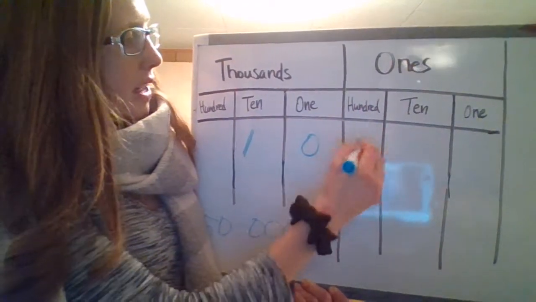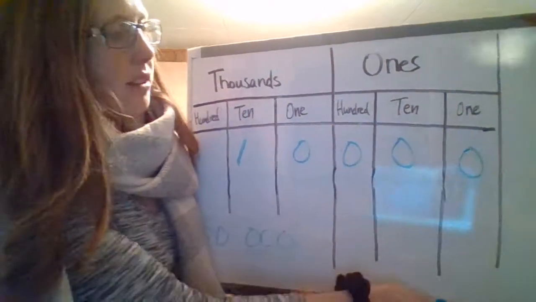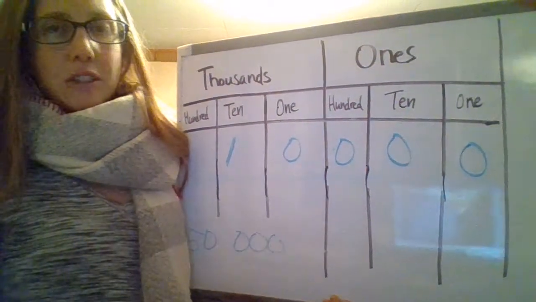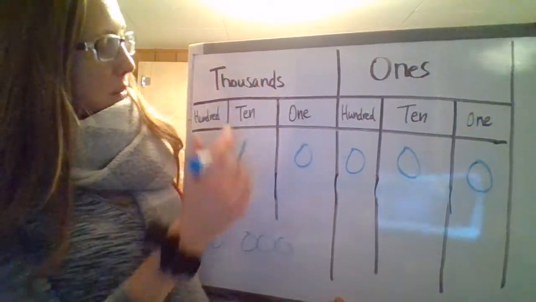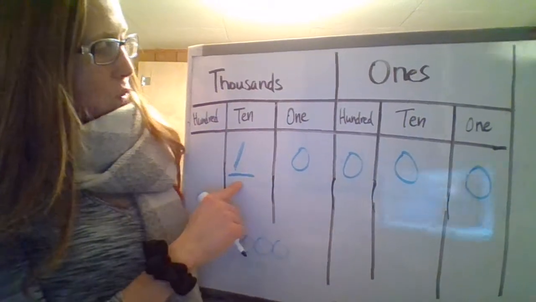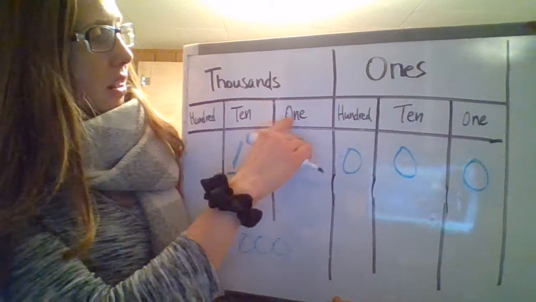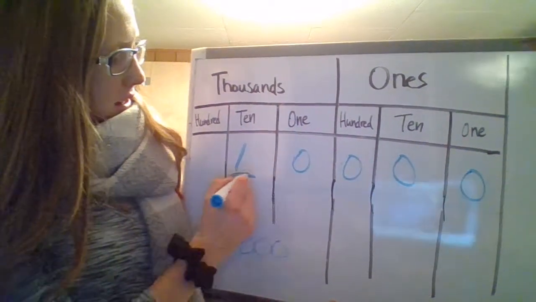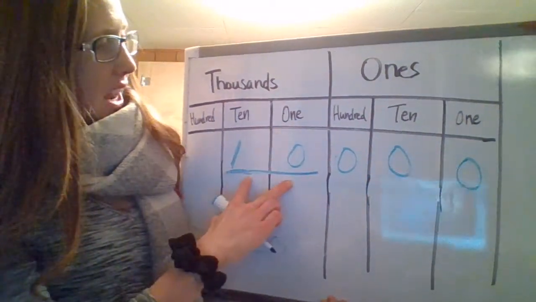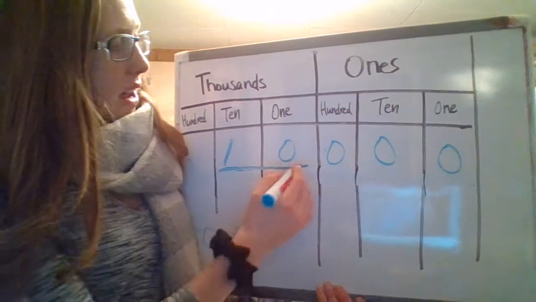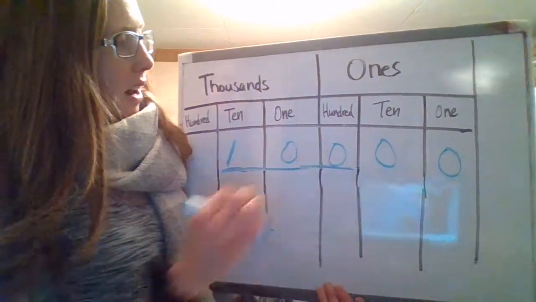Maybe we have 10,000. Okay, so I might say, well, how many 10,000s are there? Well, I would go to the 10,000s place. I have 1 10,000. How many thousands do you have? I would go to the 1,000s place. I have 10 1,000s. How many hundreds do I have?